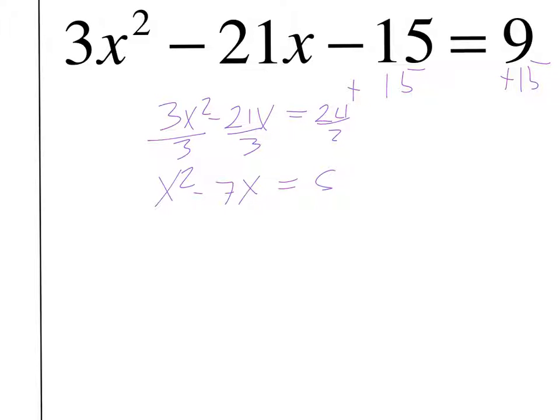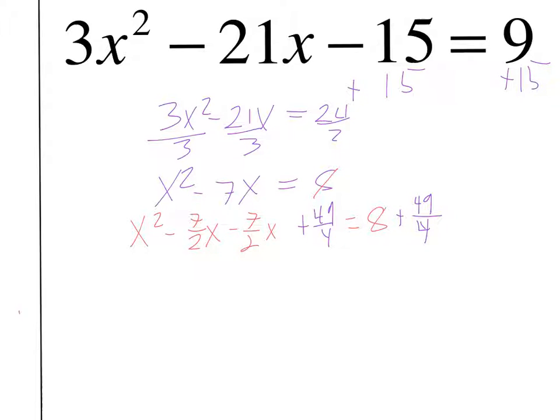Ooh, fractions. x squared minus 7 halves x minus 7 halves x is equal to 24 divided by 3, which should have been 8. That doesn't look like an 8 to me. Now I'm going to multiply those two together and add that to both sides. So plus 49 over 4. I'm so glad I chose these numbers.